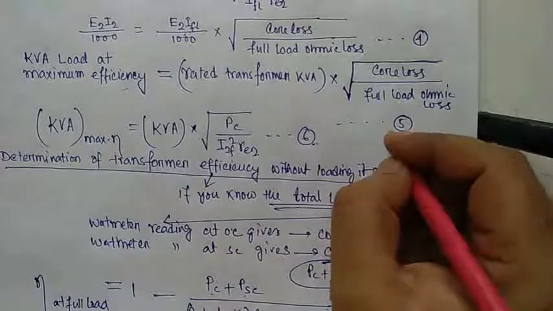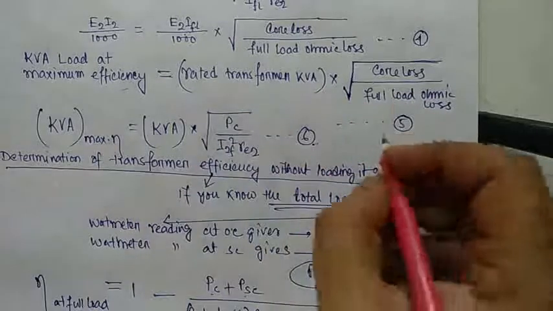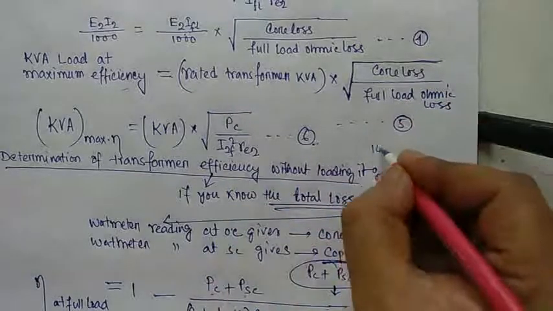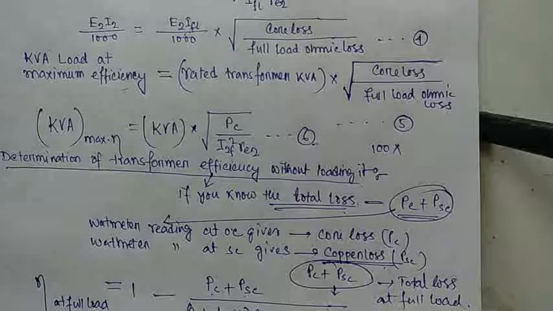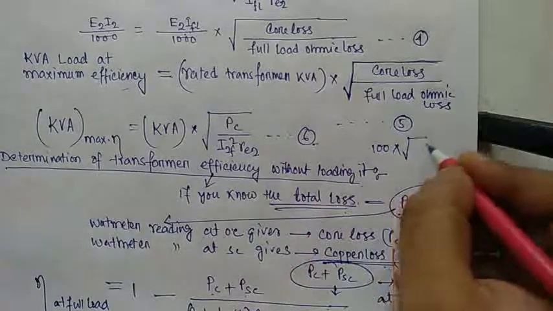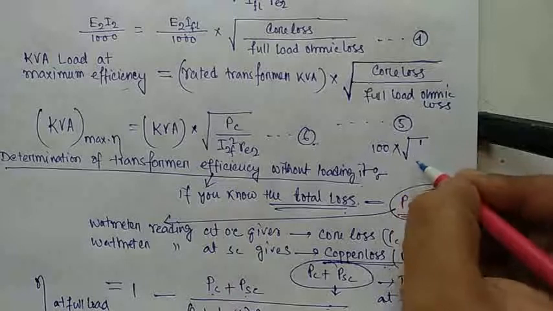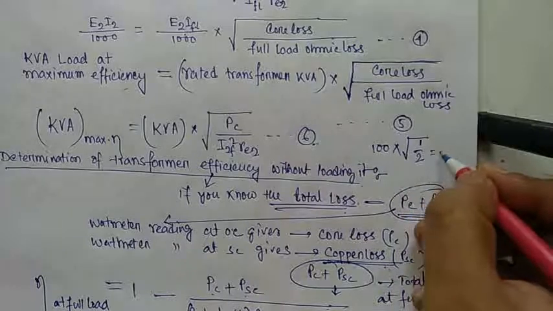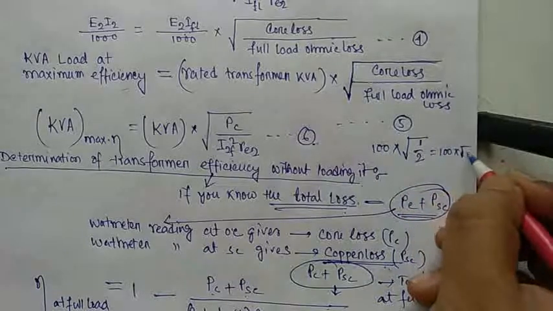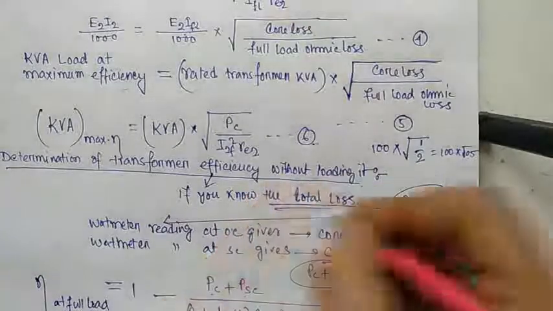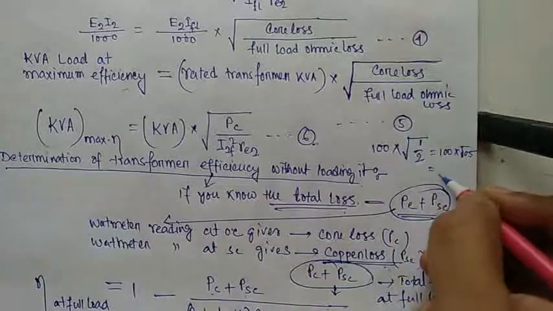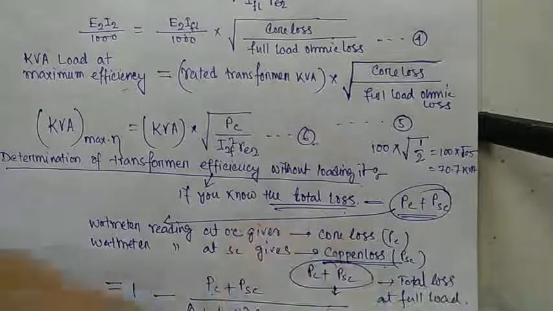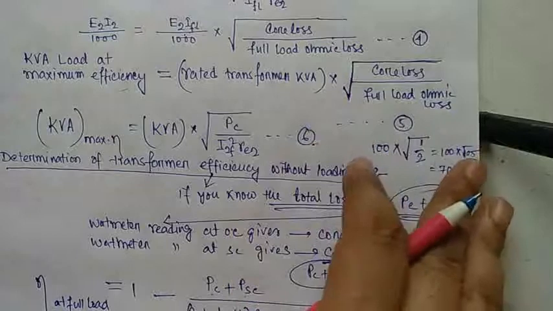The KVA rated is given here, 100, into the root of the core loss 1 and the copper loss 2. So that is 100 into root 0.5, which is equal to 70.7 kVA.